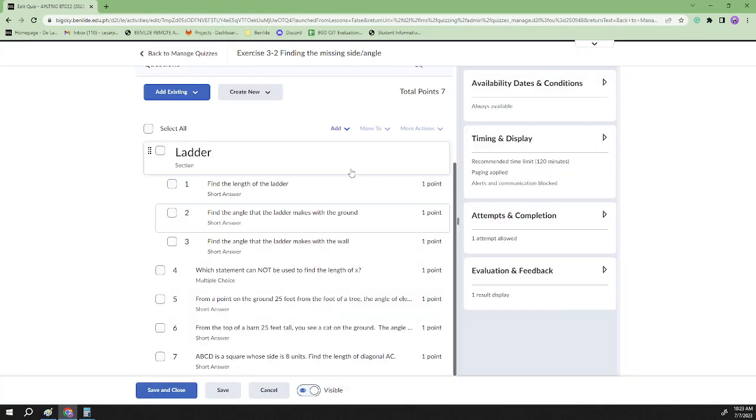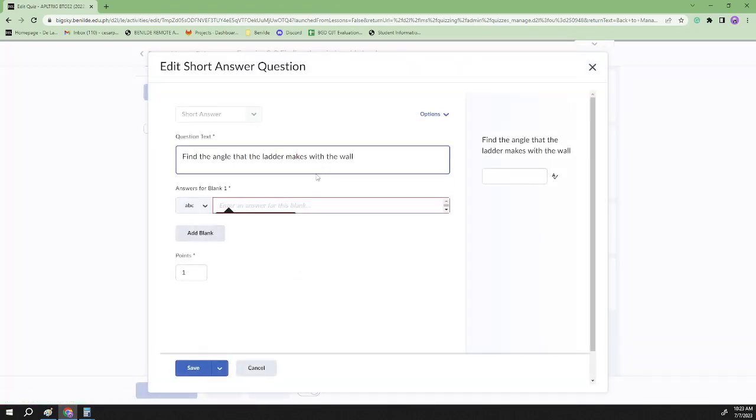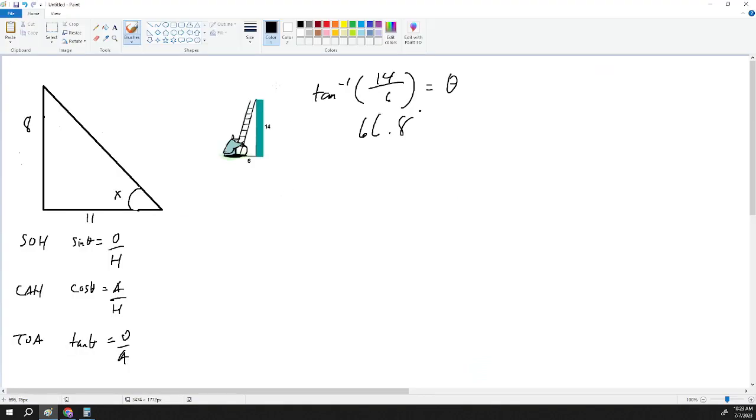Next question, find the angle the ladder makes with the wall. Ano yung itong angle na to? So actually, given that this is 66.8, we just simply find itong angle na to by doing 180 minus 90 minus 66.8.